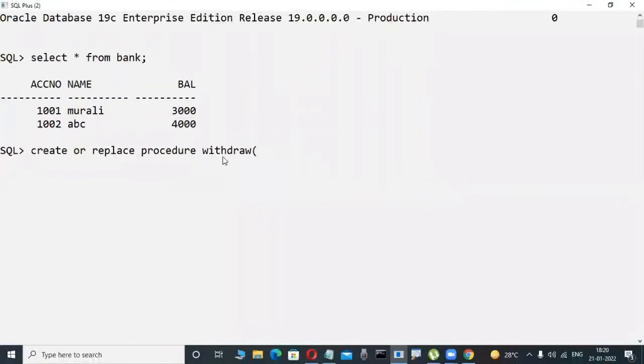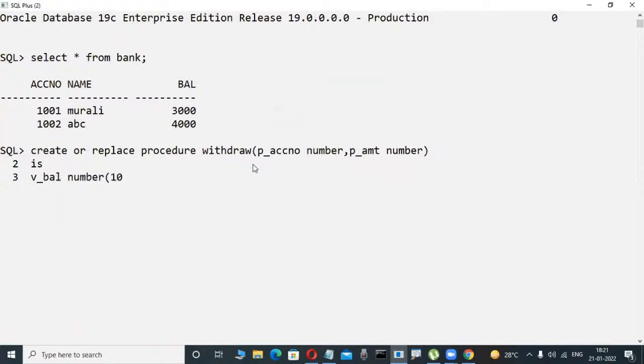Now here, create or replace procedure withdraw. Suppose I'm passing the account number, and the amount also, because I try to withdraw, same as with the ATM card. Now some coding is there. I want to find out the balance.